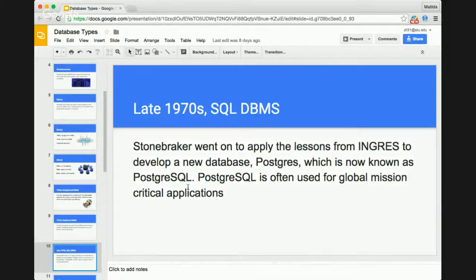Stonebraker went on to apply the lessons from Ingres to develop a new database, Postgres, which is now known as PostgreSQL. PostgreSQL is often used for global mission-critical applications.